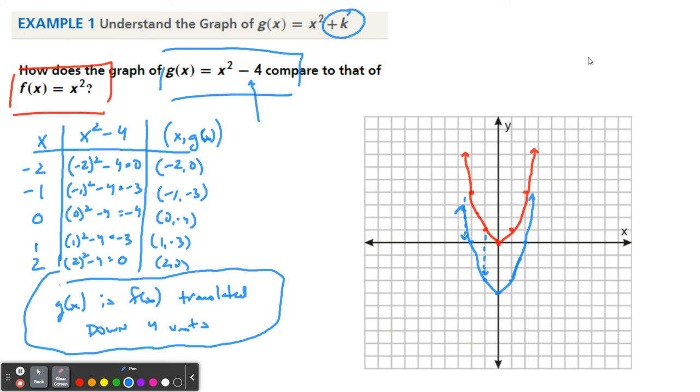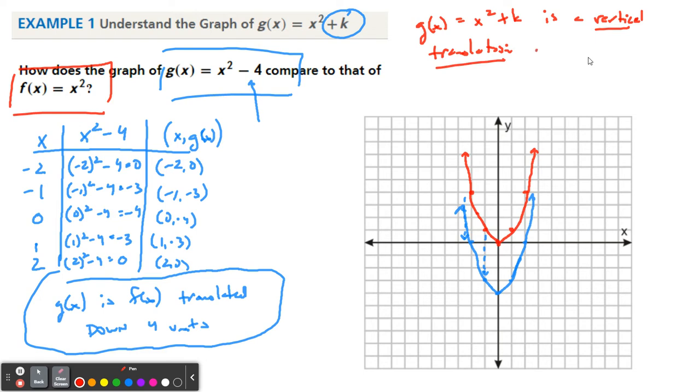To generalize this, when you have a k value, in this case g of x equals x squared plus k, that k is going to be a vertical translation, or a vertical shift. Again, they like to use the word translation.